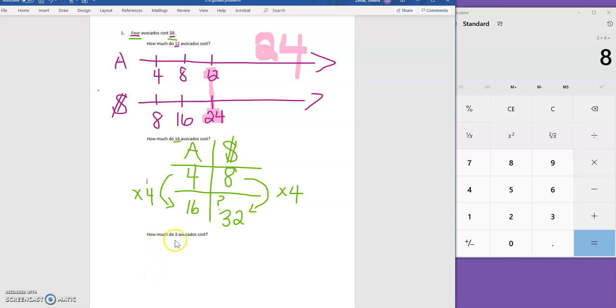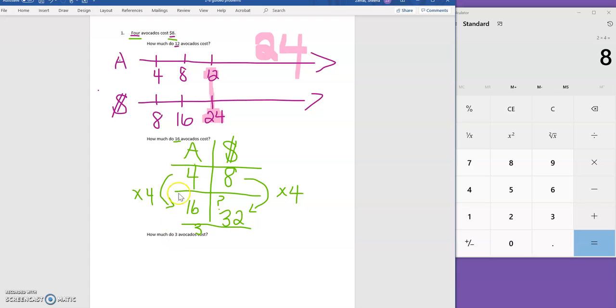For the last one, if we look at the value 3 avocados, I know that I cannot input that onto my double number line, and if I input that into my table, 4 cannot easily multiply or be divided by something to get 3.